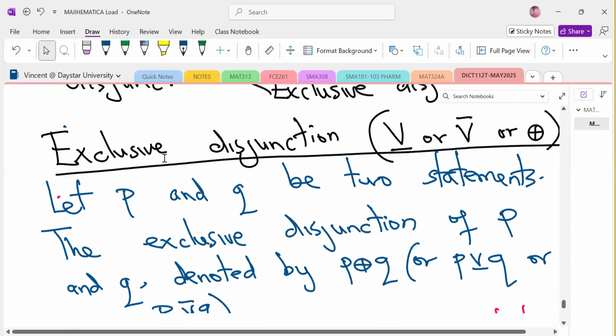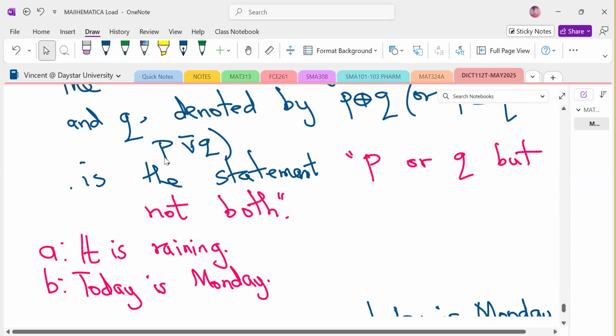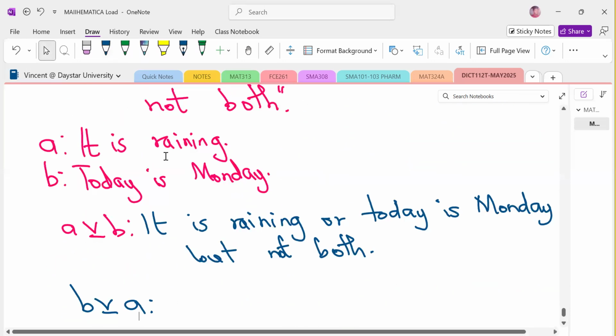So just to make it come out clearly, you add the words "but not both" to make the distinction between the usual disjunction and the exclusive disjunction.